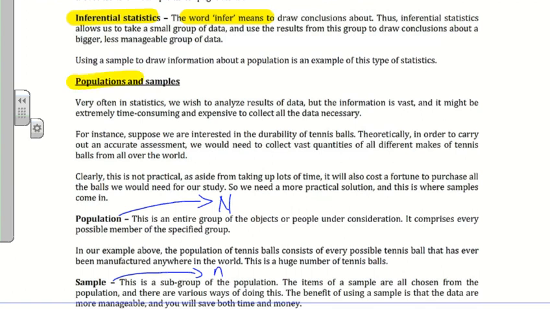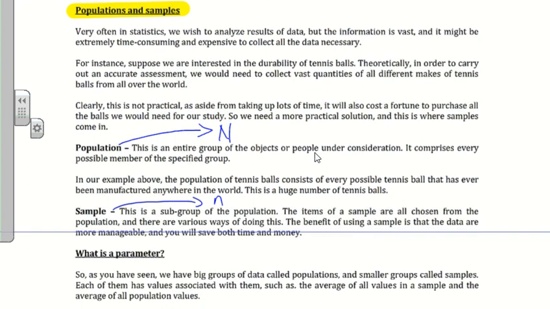The difference: a population is the entire population, every single observation possible within that specific group that we are looking at. A sample says, hold on a second, I'm not able to get all of that data that is out there. It's too expensive, we don't need it all for whatever reasons, and we're just going to pick a sample. Remember, guys, a sample comes from the population; we pick it out of the population.